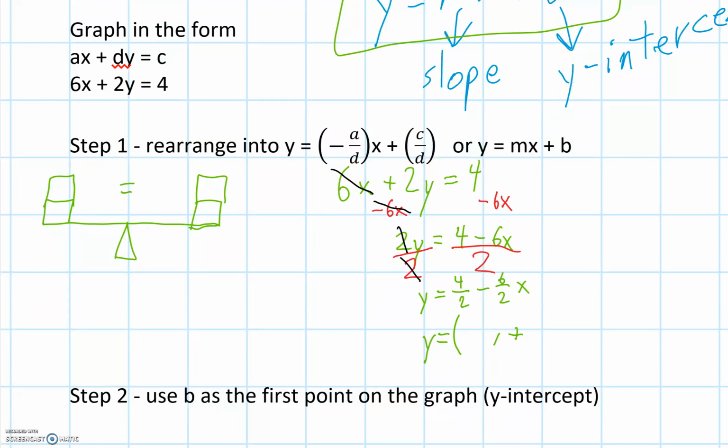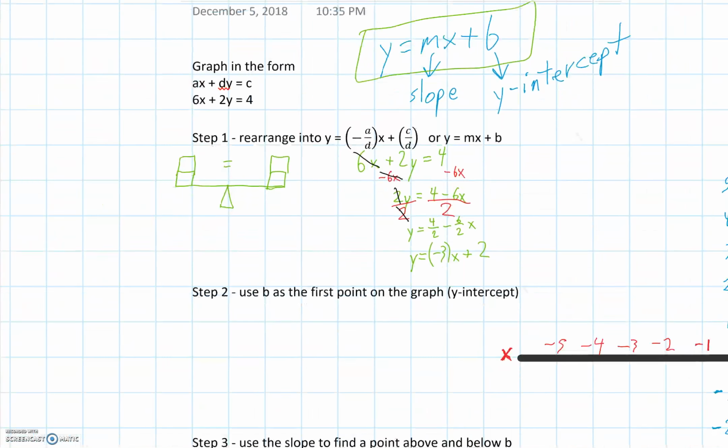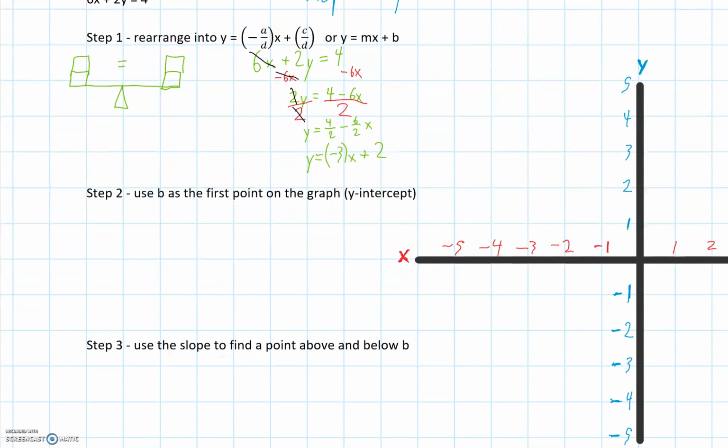So negative 3x plus 2. Now we could see fractional numbers, and if we do, I'll talk about it in a second. So that's what we've got as our y equals mx plus b.